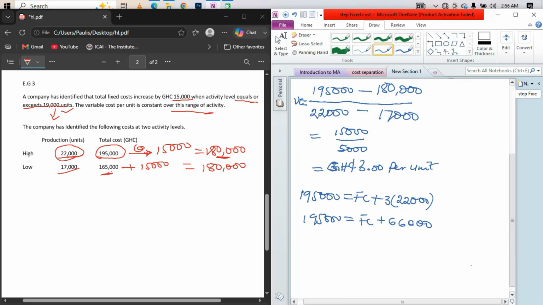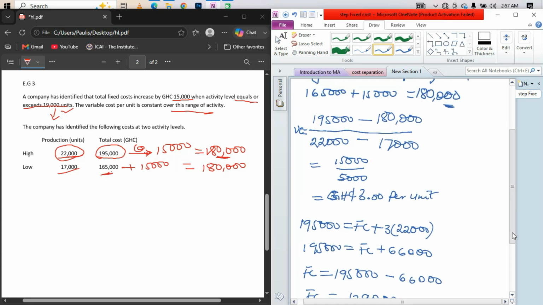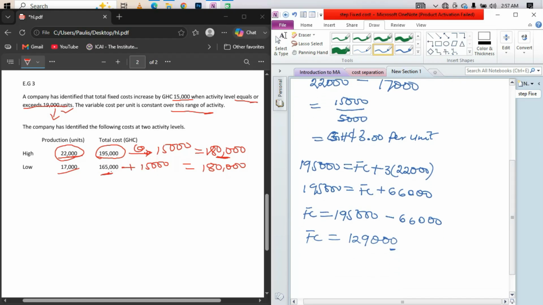My fixed cost should be equal to 195,000 minus 66,000. So my fixed cost should give me 129,000. We adjusted it to the high level, we added to the low level and got that. So the increment of the 15,000 is in this fixed cost.